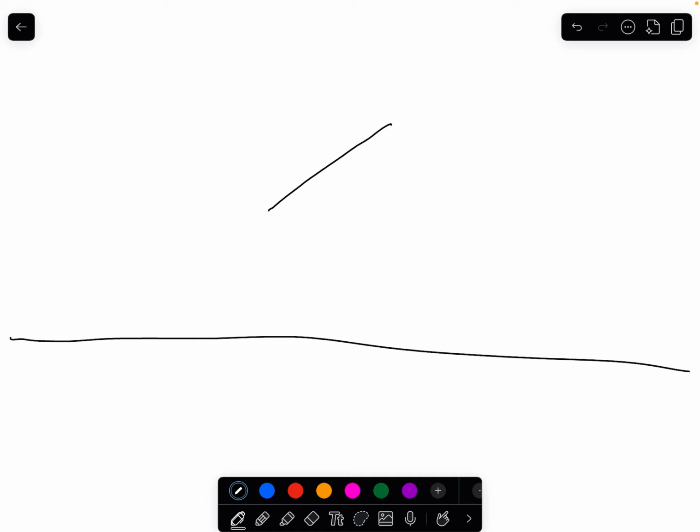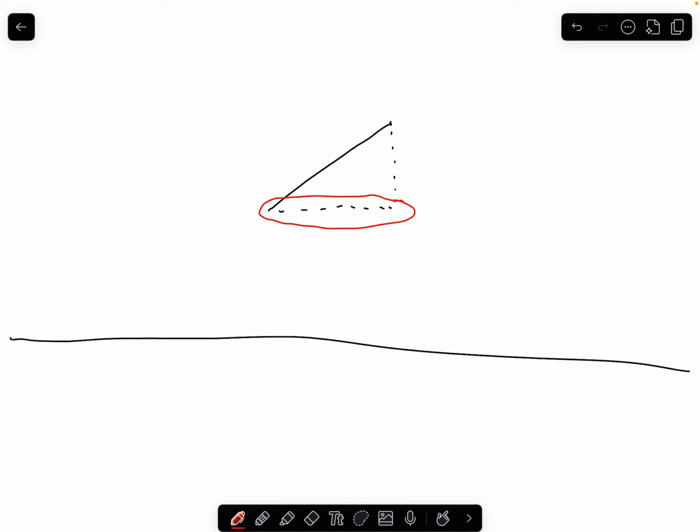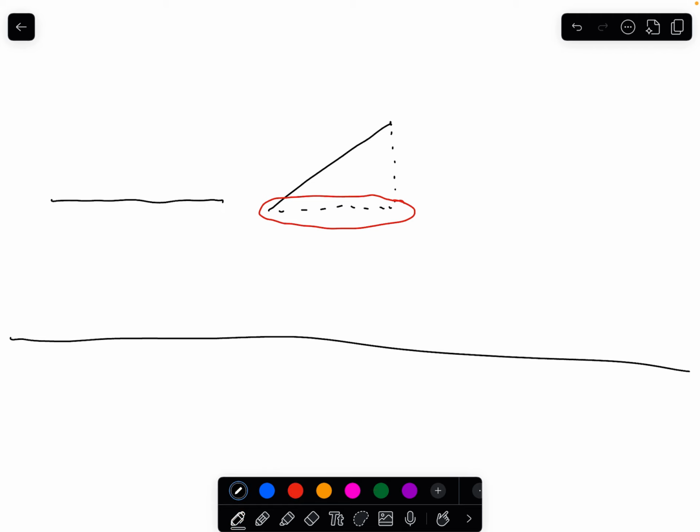However, if you have it tilted like this, what you need to know is that the electric flux is purely based on the side facing it. So if your angle is lower like this, basically parallel, it's going to receive most of the electric flux. But if it was more vertical like this, it's going to receive less flux.